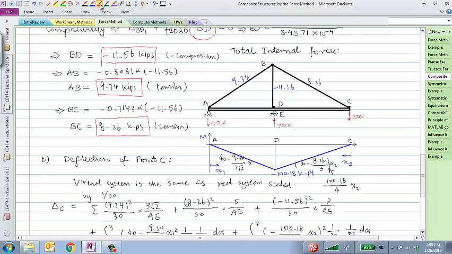So the deflection shape for the beam is actually in this shape, right? And for the truss members, we know these two are in tension and BD is in compression, so it will move with the beam while compressing BD a little and stretching AB and BC.